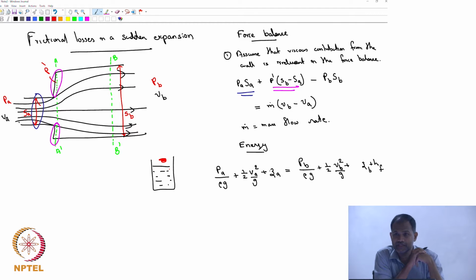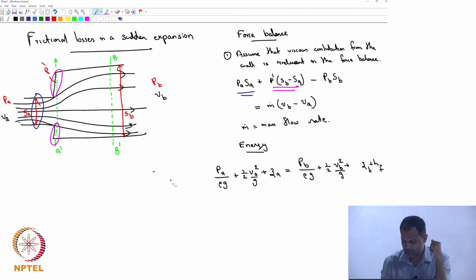I haven't made any assumption yet, but in the derivation that we are going to see, you would see that it would hold better for a turbulent flow than laminar flow, which I'll argue later. So I have an HF now. P, V, everything is an average quantity here.